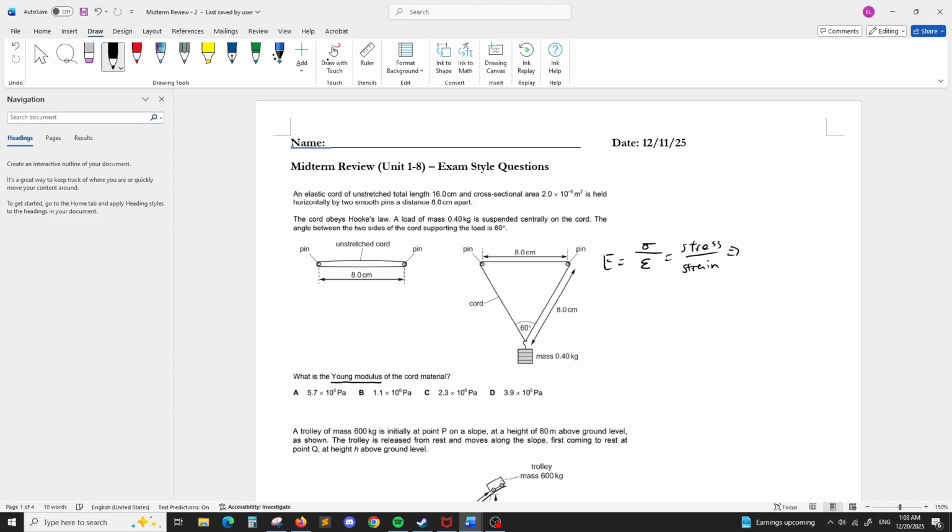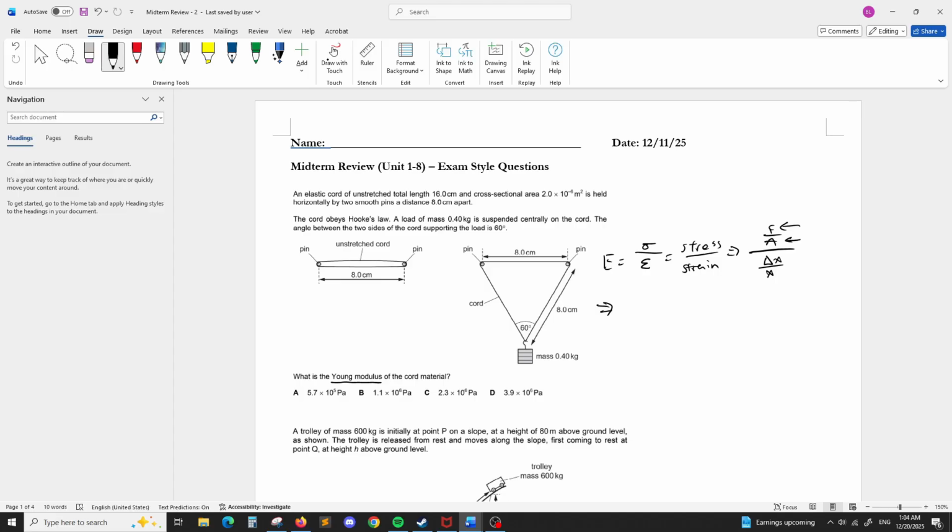And then you have to know these formulas. So stress is going to be F over A, where F is the force acting on the cord and A is the cross-sectional area, and the strain is the change in x over the original length. So let's try and plug in everything that we know.